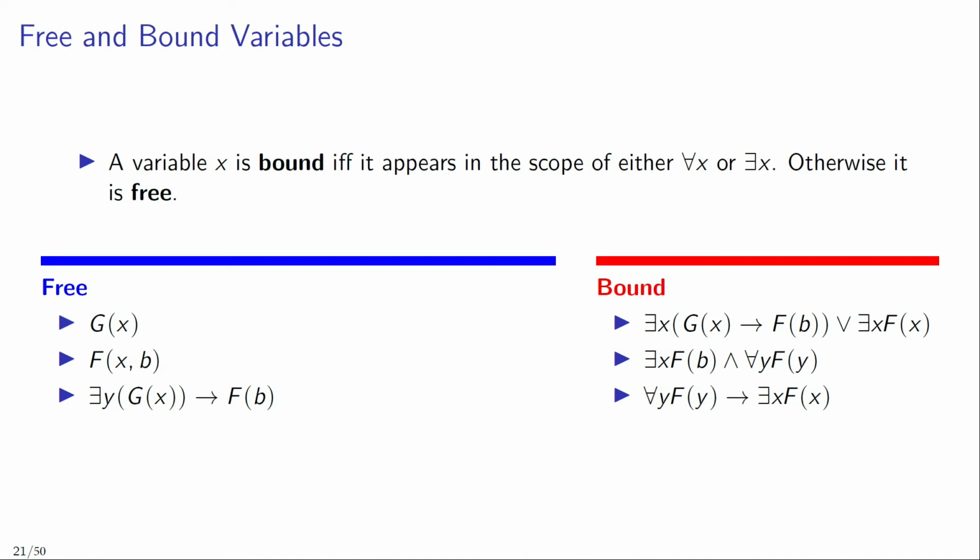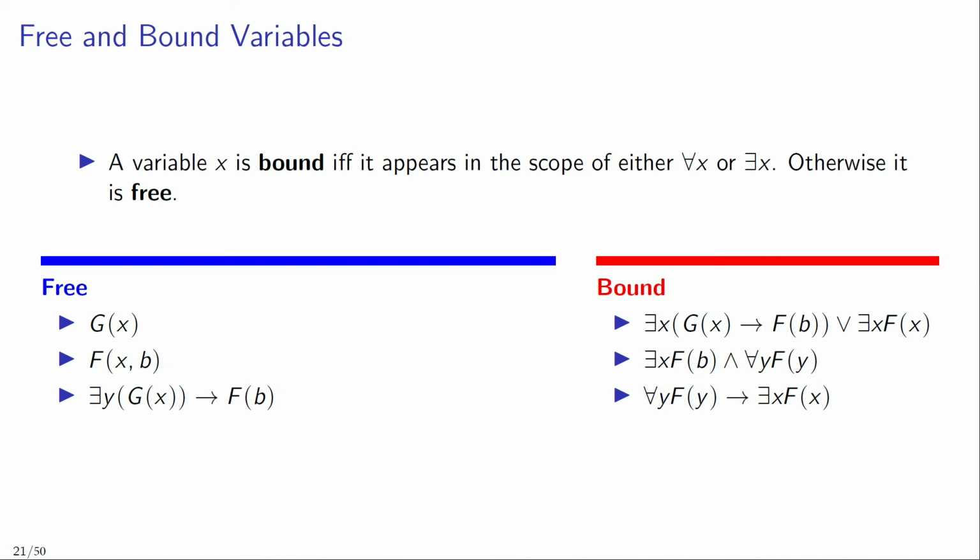So that means that here the variable x, even though it appears inside the scope of the existential quantifier, is free, because this existential quantifier binds the variable y and not the variable x. So these are three examples of free variables.